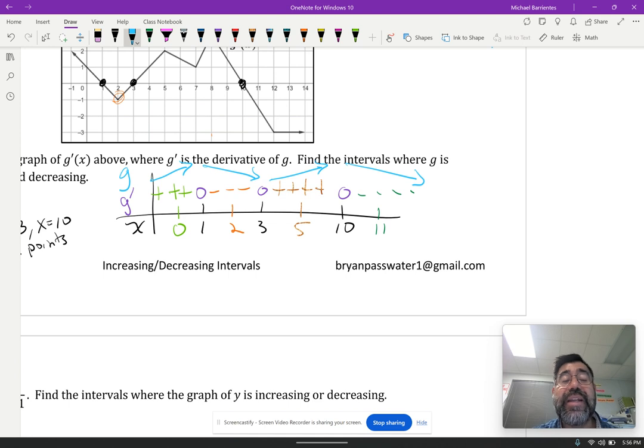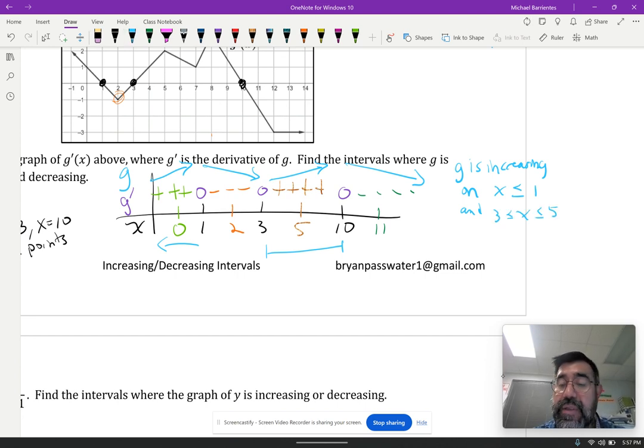But this question is about increasing, decreasing, so we're going to say g is increasing on x values that are less than or equal to 1 and between 3 and 10. I don't know why I wrote 5. Remember, the zeros are what we use to determine things. And I know that because g prime is greater than or equal to 0.